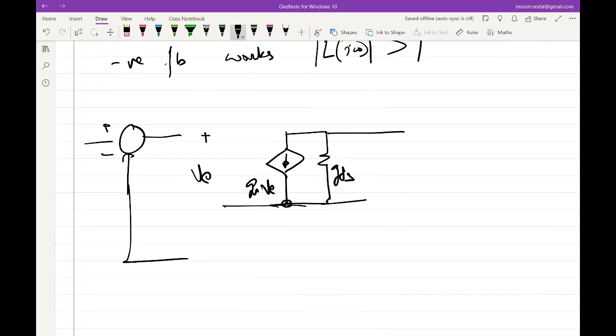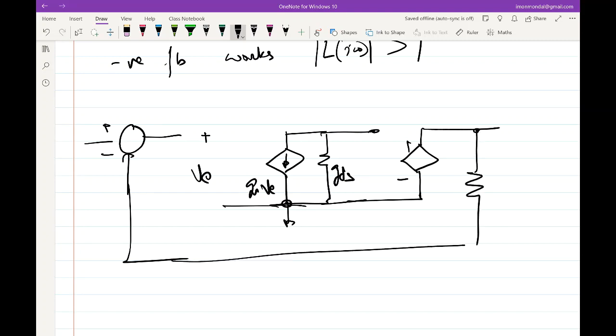Let's assume that you have a buffer, to make life simple. What is the effect of this GDS?